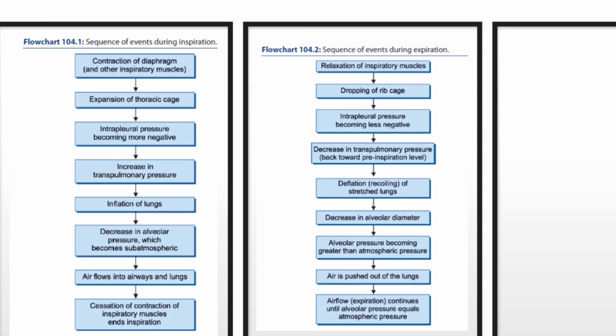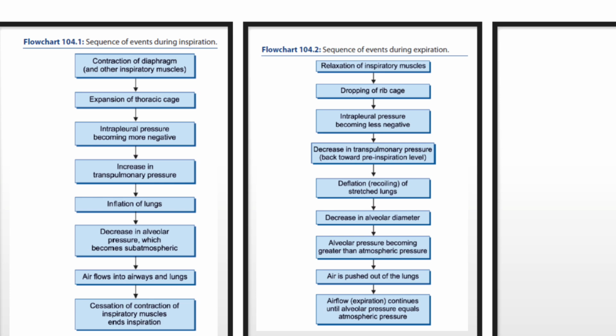Okay, so the intrapleural pressure will become more negative as the thoracic cage with the parietal pleura is moving outside and the visceral pleura is moving inside. The intrapleural space volume is increased, so pressure will be decreased and more negative.